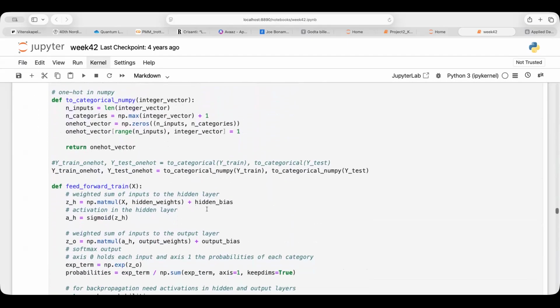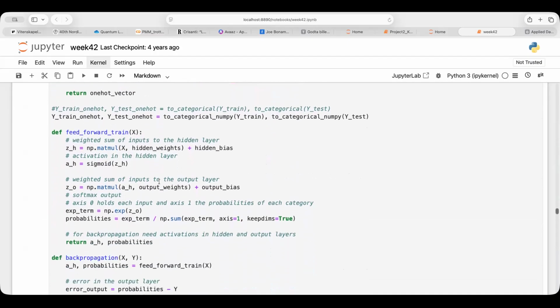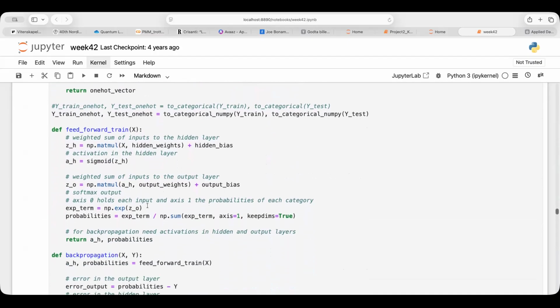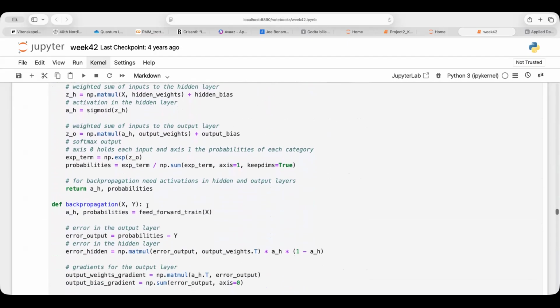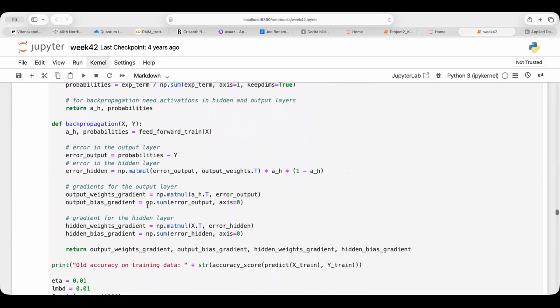So let's just go down here a little bit. So we have set up the data. We have the feed forward pass, which we discussed already. But then we have the back propagation. And in the back propagation here now, we are obviously feeding back the equations we have for the different variables. So in this particular case, this is the derivative of the cost function.